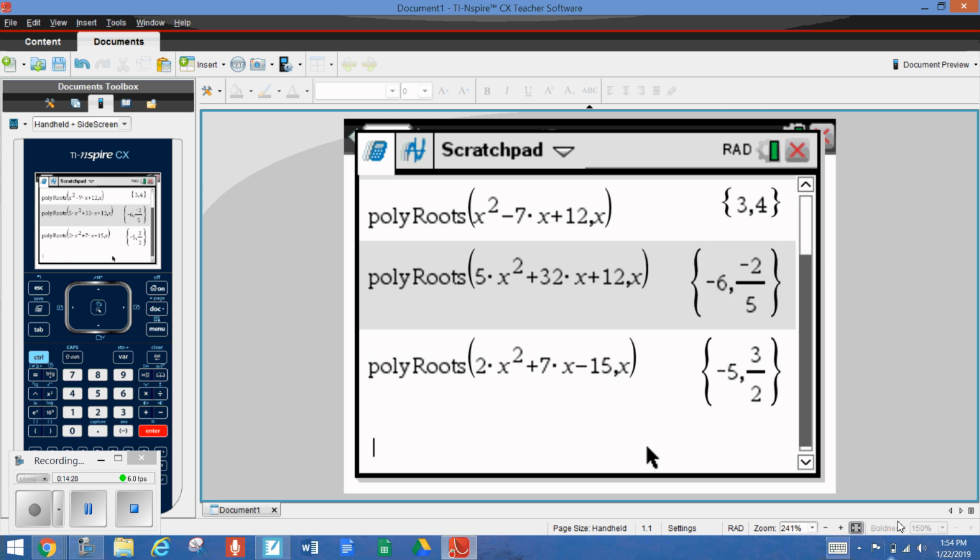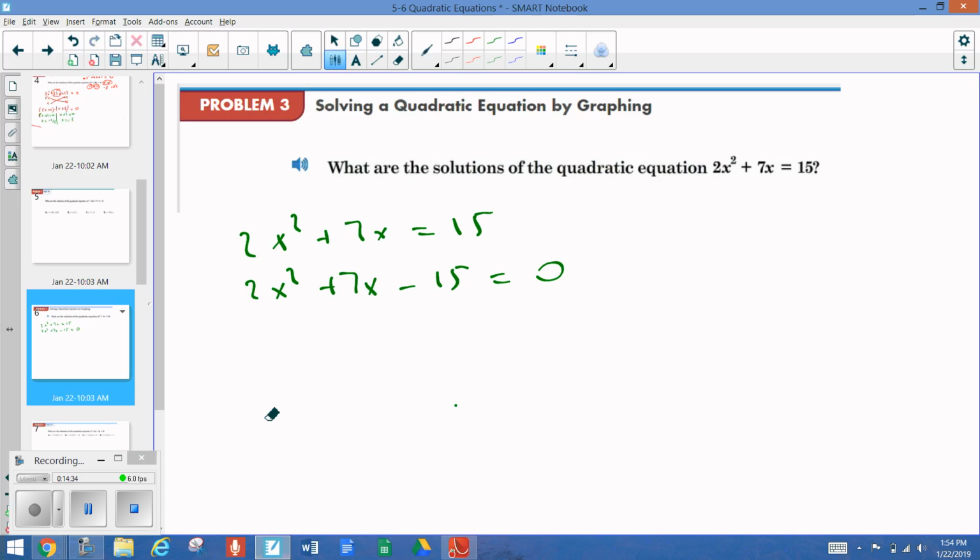Negative 5 and 1.5. Negative 5, let's cheat, and then 3 over 2, right? How's that going to work? We cannot put decimal here. So let's solve in a regular way and then compare the work we do.